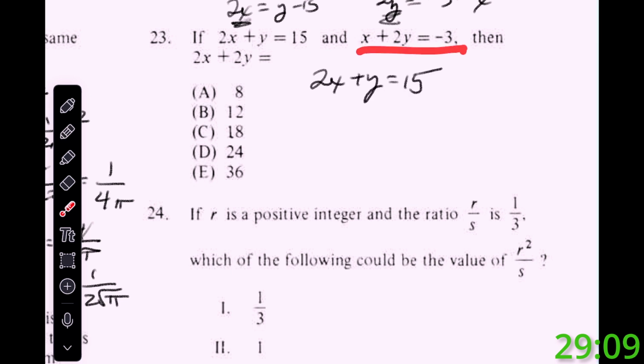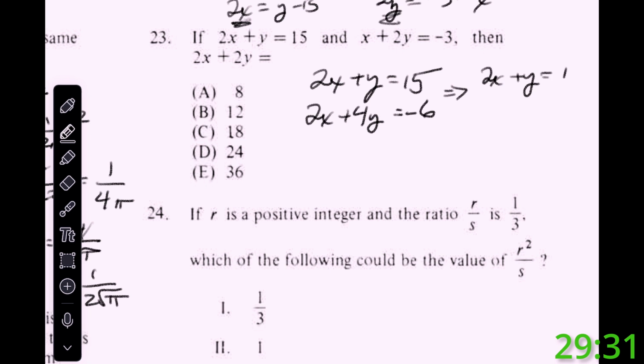Then I'm going to double the second equation and get 2x plus 4y equals negative 6. I did that so that I could eliminate the x's. No, I want to subtract them, right? So y minus 4y is negative 3y, and 15 minus negative 6 is 21.